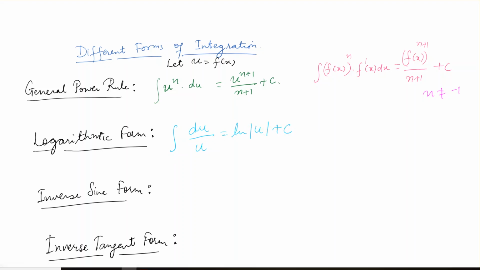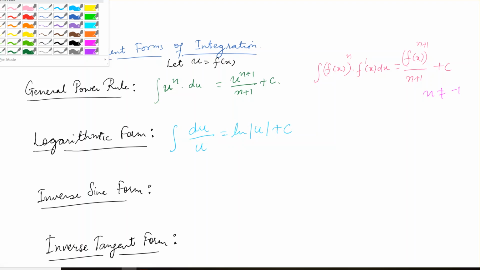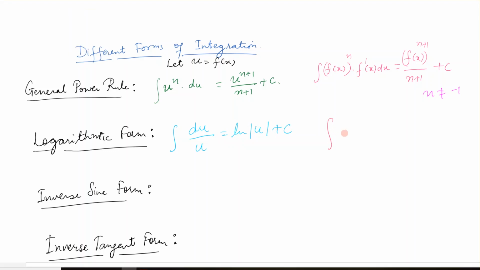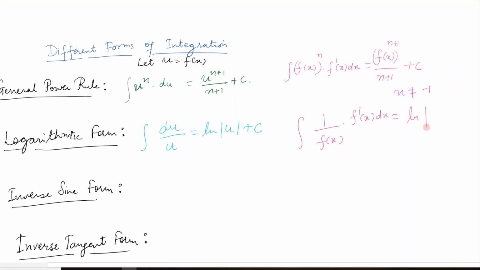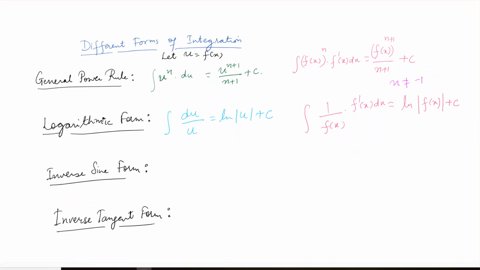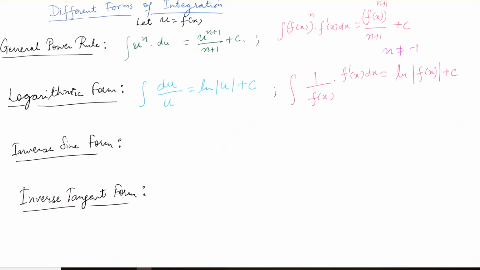Or in other words, the integral of 1 over f(x), and then on the top you have the differential of f(x), is equal to ln absolute value of f(x) plus c. So this is our general logarithmic form.